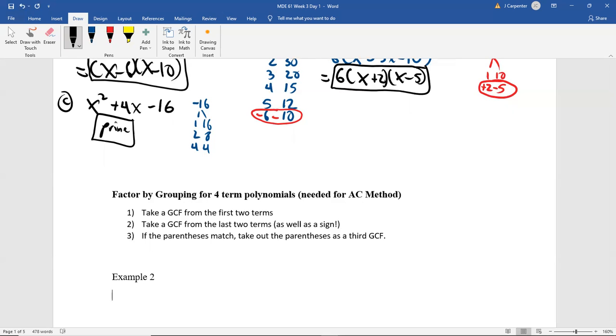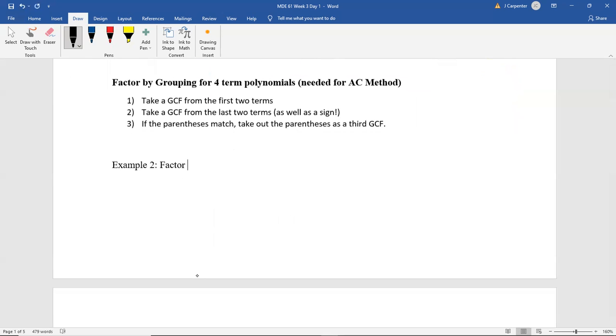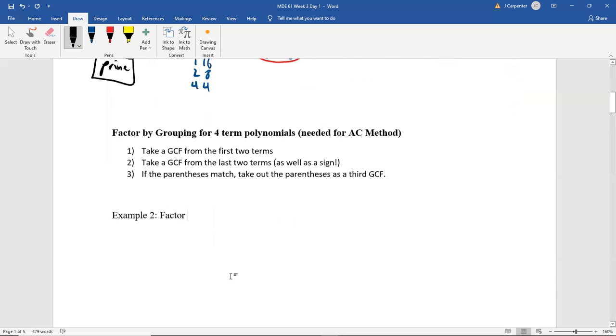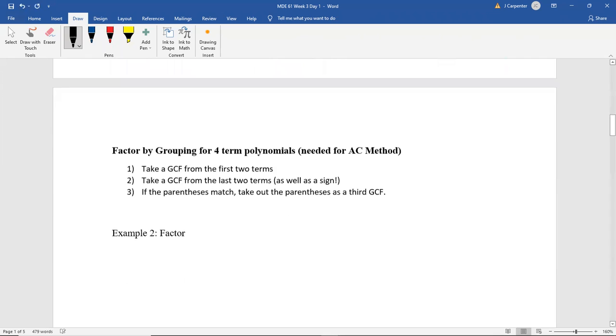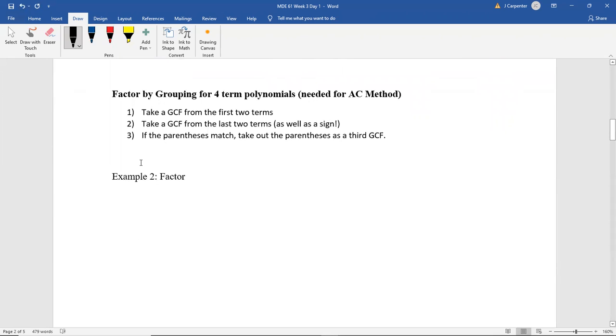Example 2. Guess what these instructions are going to be? One word, factor. Let me just take all this down. My favorite first example, x cubed plus 2x squared plus 4x plus 8.